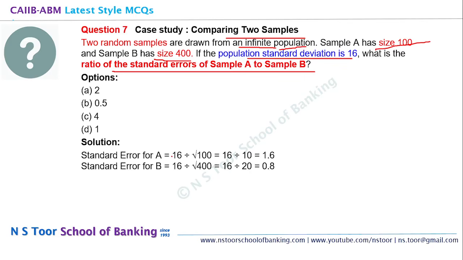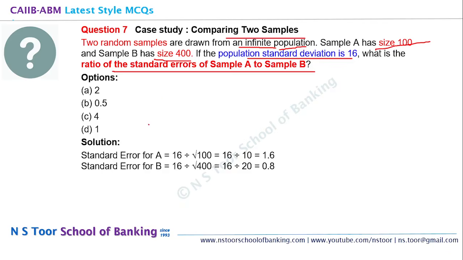So what is the standard error for A? How will we calculate the standard error? Standard error is equal to population standard deviation divided by square root of n, that is the sample size.